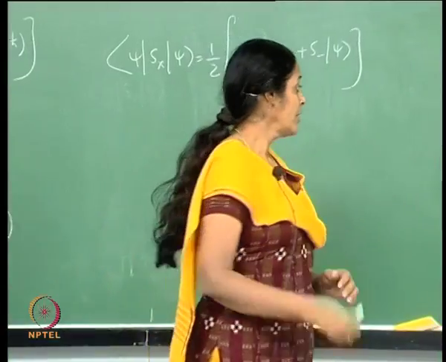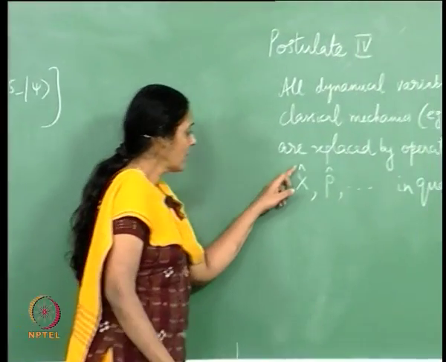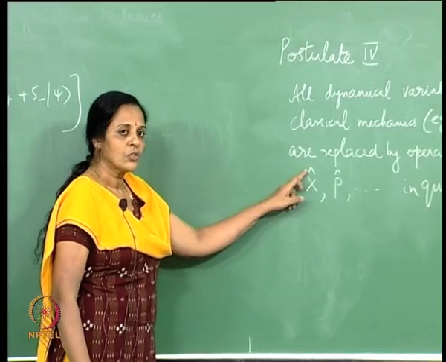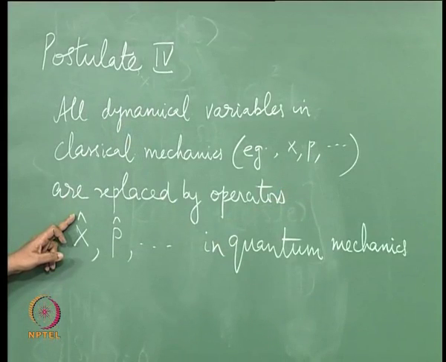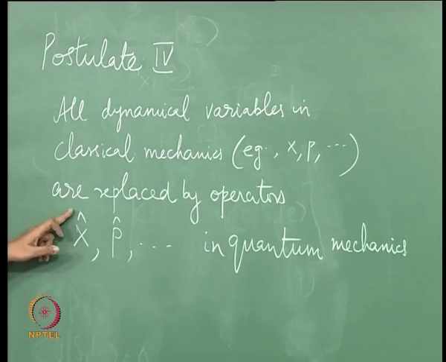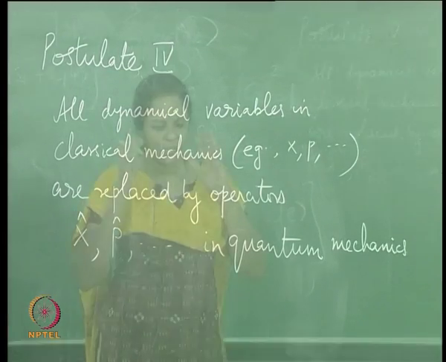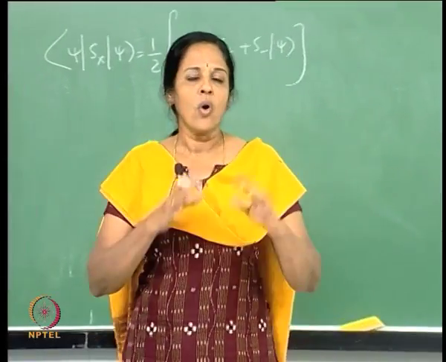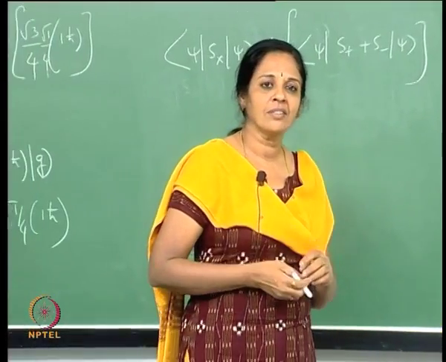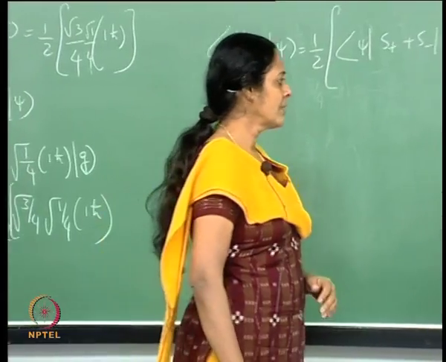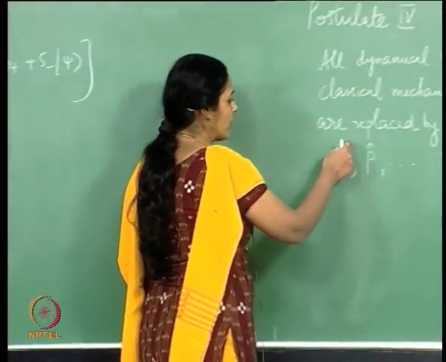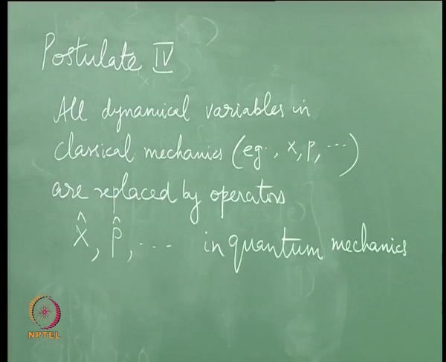I have not used this cap in all my lectures till now to denote operators. One starts off by writing operators with a hat, and then when one is pretty clear about what is the operator and what is the eigenvalue and what is the state, you could think in terms of dropping these hats and simply replacing x operator by x without the hat and realizing that it is an operator.